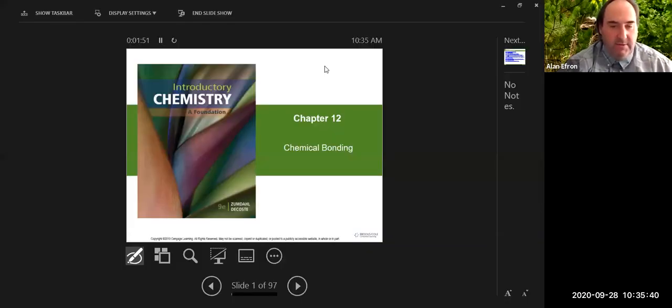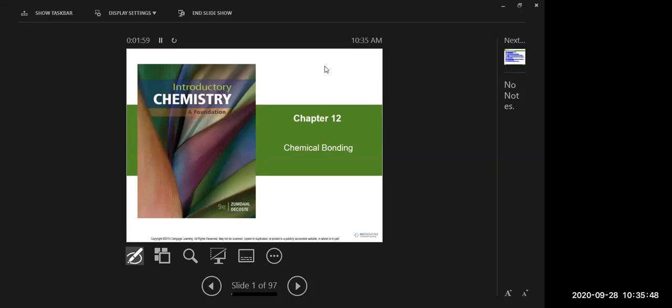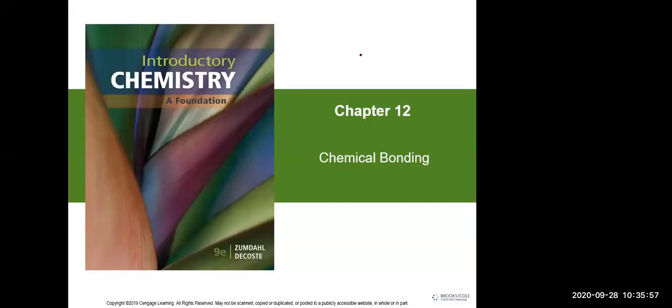Let's try it here. Is that any better or no? Nah, it's still small, half the screen. Okay, hang on a sec. Let's try that one. Better? Yep, perfect. Thank you. All right.